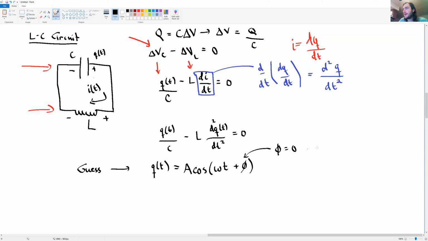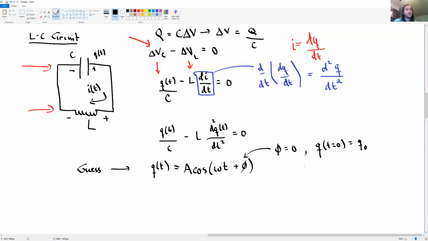And the initial amount of charge at t equals 0, let's write this properly here. Q at t equals 0, we're going to call that the initial charge, Q0. So these are our initial conditions.